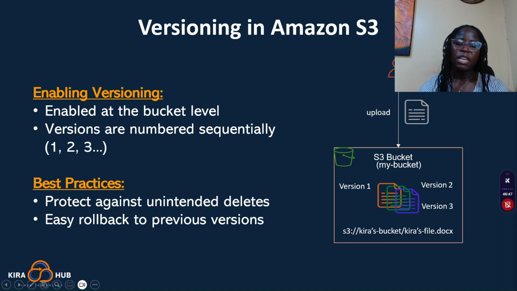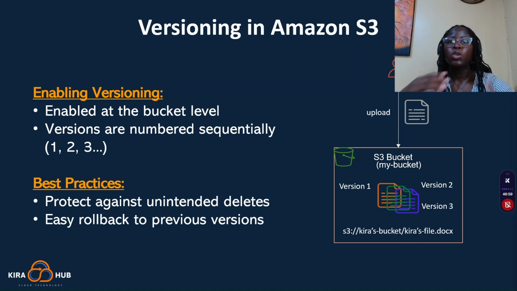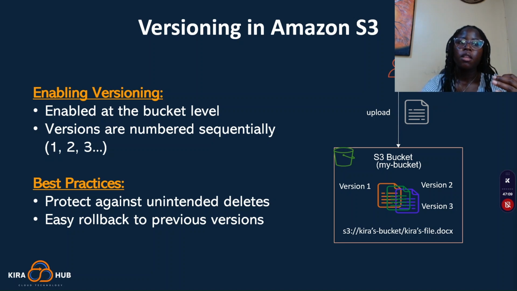So any file that was not versioned before enabling versioning will have the version null. And also we can suspend versioning if we don't want to keep versioning our objects. But when we suspend versioning, the previous versions of our objects are not deleted and they stay in place.